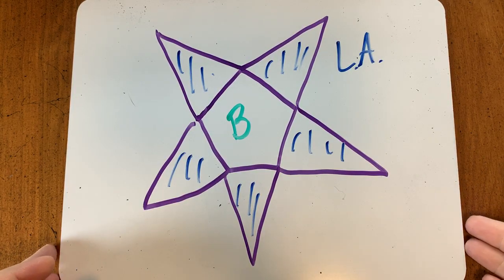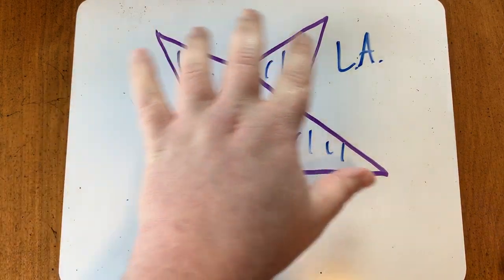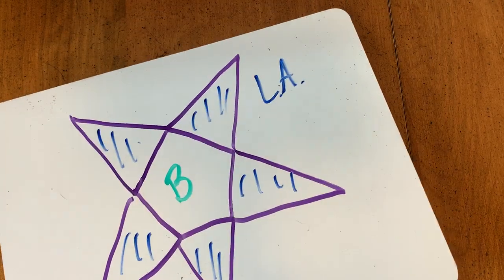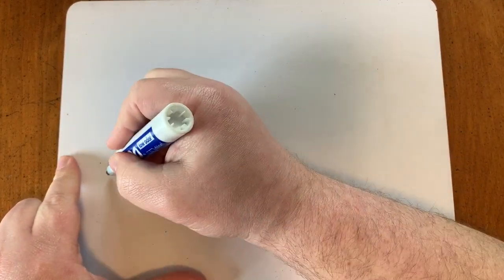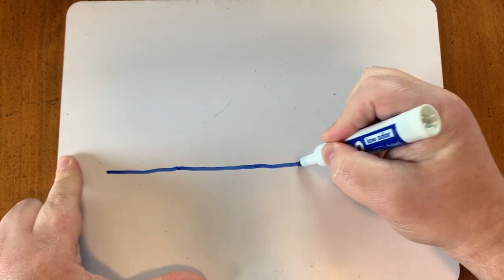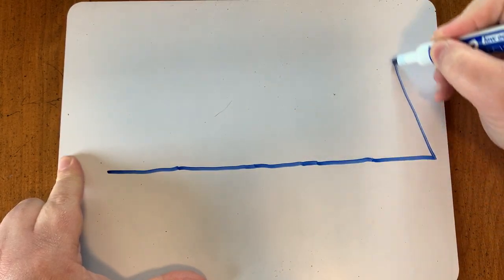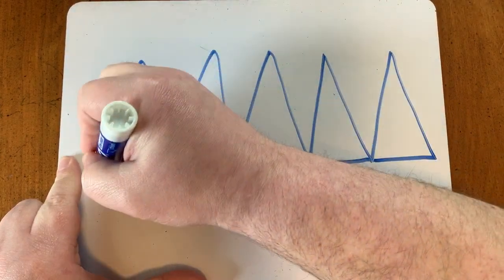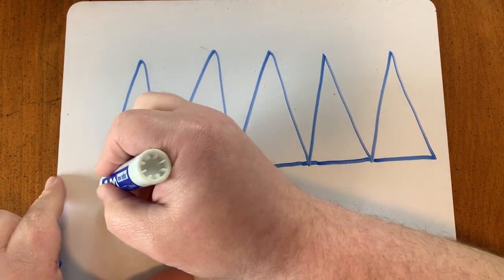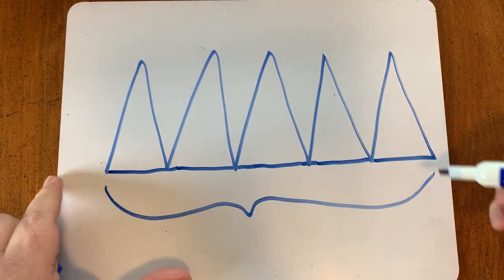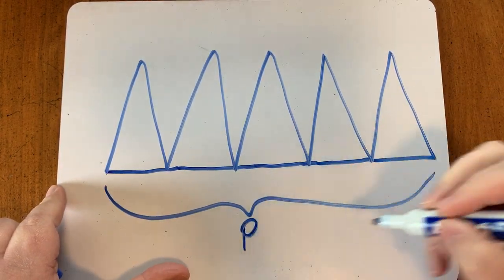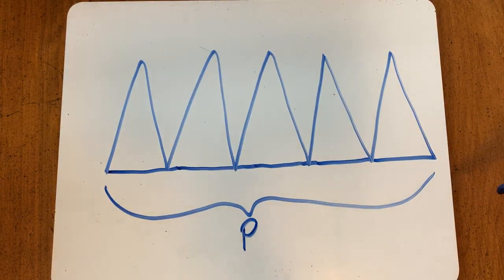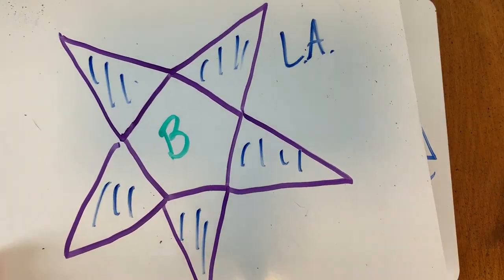With these 5 triangles, if we take these 5 triangles, we could lay them out, 3, 4, 5. Like that. Such that these are the sides that make the perimeter of the base.